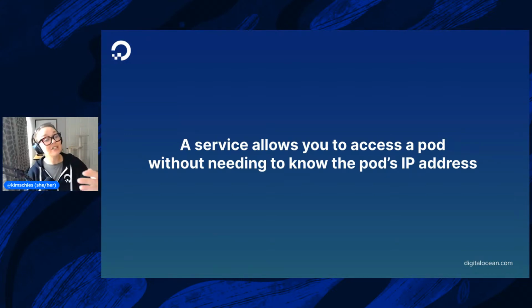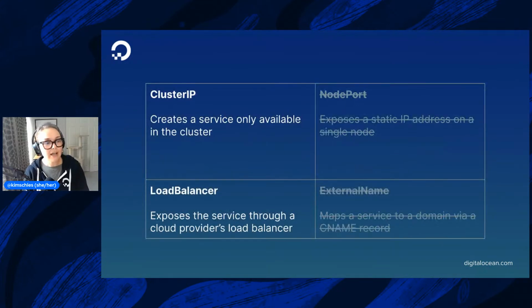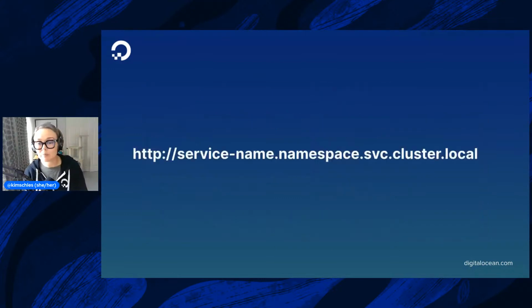And so a service sits in front of a set of pods and directs traffic to those pods. Your service has to be connected to the pods through that label, like we had app equals website or app equals API. But it's a way for you to harness the power of those immutable objects. There are 4 different types of Kubernetes services. We only covered ClusterIP and load balancer.